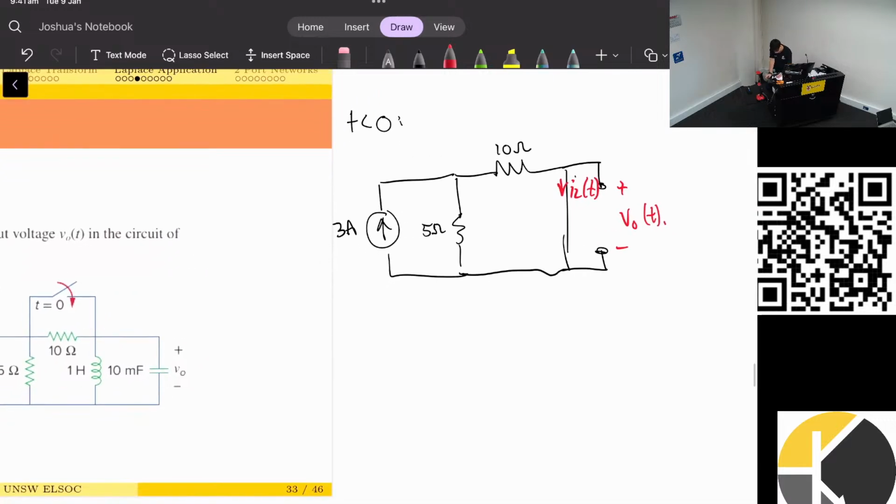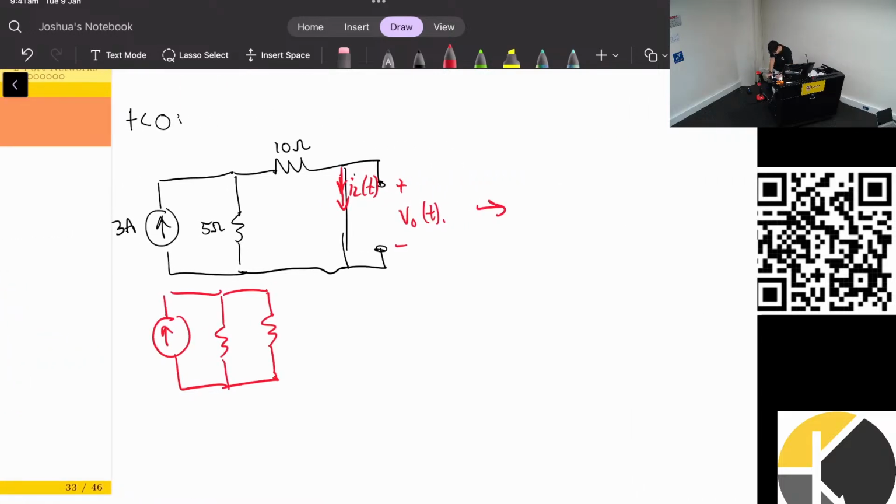So first thing I'll look at is trying to find this current through this short circuit. Any ideas on how I can find that current? Maybe if I redraw it. You could source transform the 3A and 5 ohms to make it a voltage source. Yeah, let's do that. So, source transform to get something like this. So this is my 10, this is my 5. Do you remember what the voltage will be? 15.